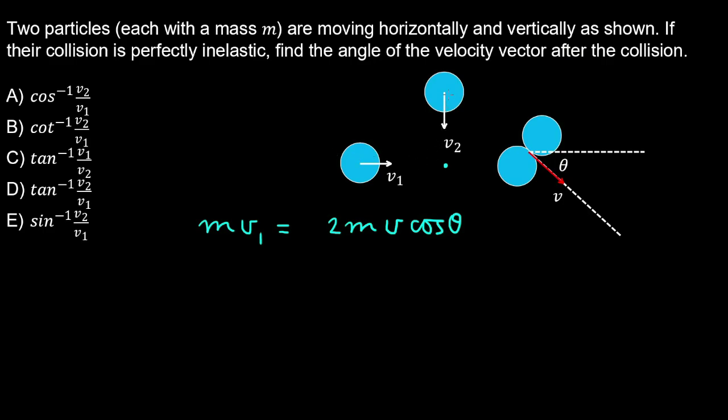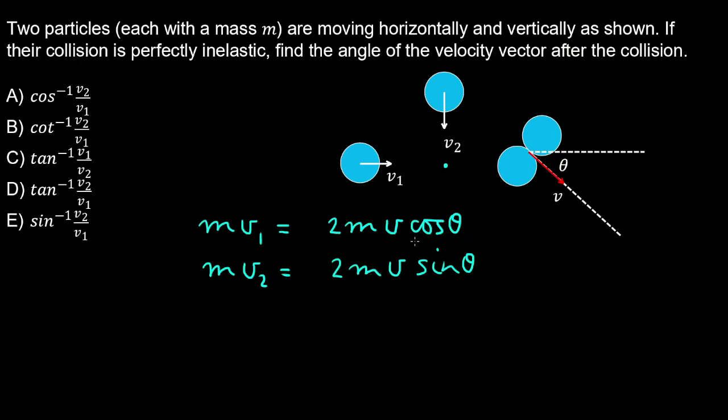And applying a conservation of momentum in the vertical direction, assuming these particles are on a horizontal tabletop, for example, so the gravitational force is acting out of the plane, we have the initial momentum is equal to the final momentum in the vertical direction, which is 2mv sine theta.